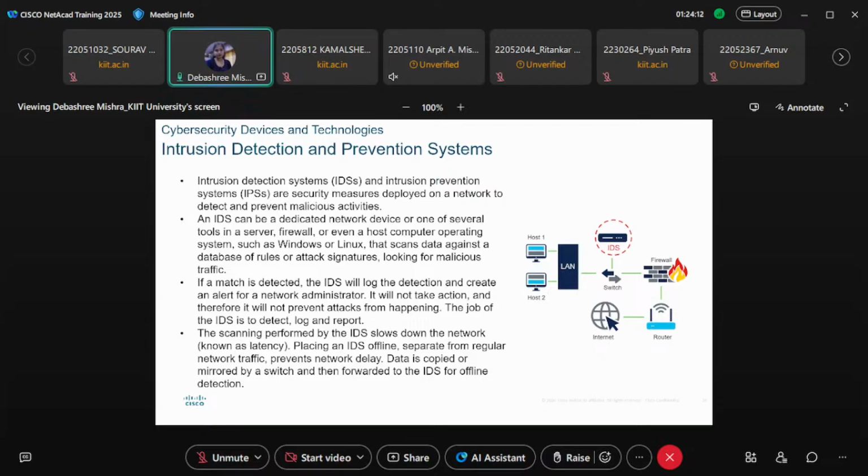Then after, the scanning is performed by the IDS, and it basically slows down the latency rate of the particular network. And after that, we have also talked about this one, right?